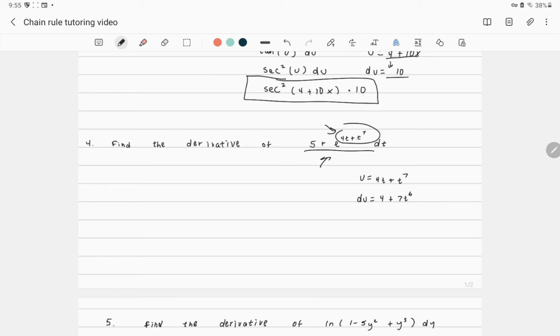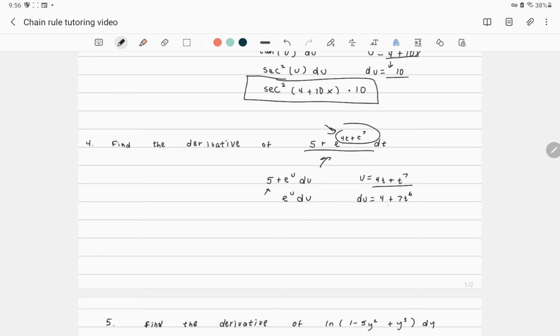From there, we just plug in u where that is, so 5 plus e to the u. And then all you have to do from here, after you put the du there, is take the derivative, which is just going to be, this becomes 0 because it's a constant, e to the u. e to the u doesn't change when you take the derivative, so e to the u du.